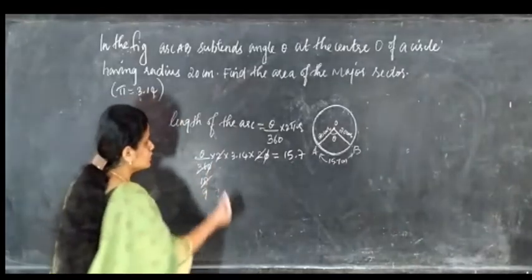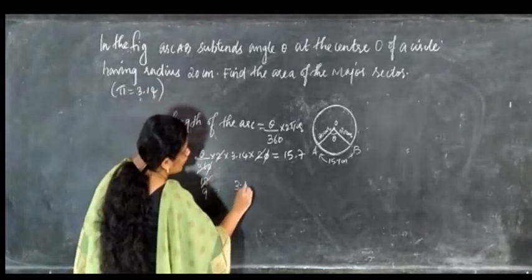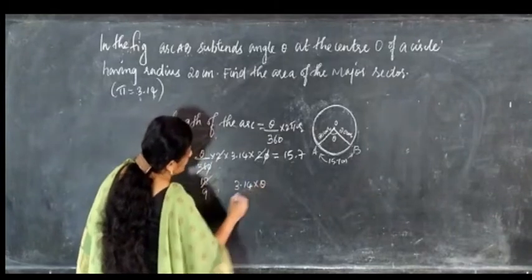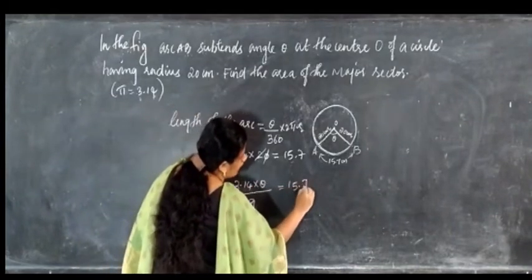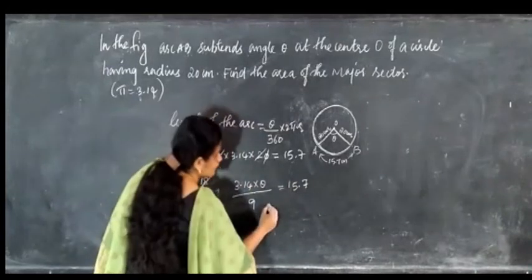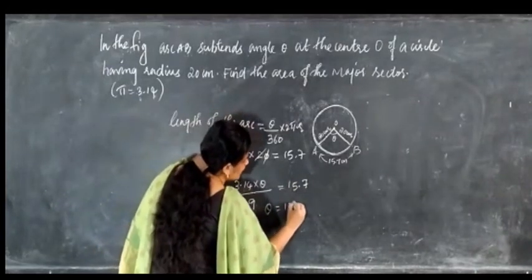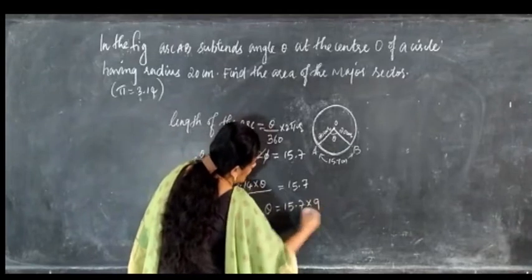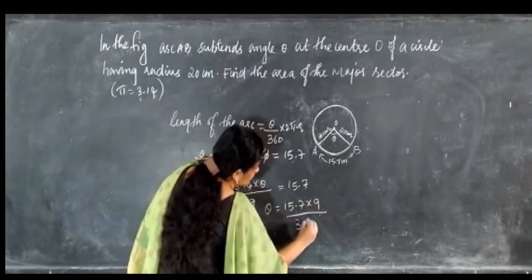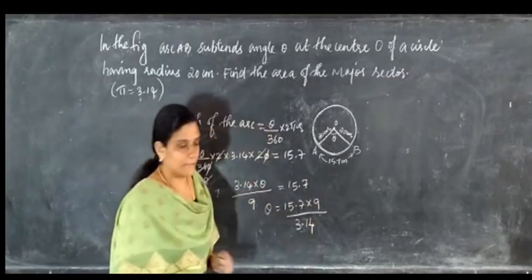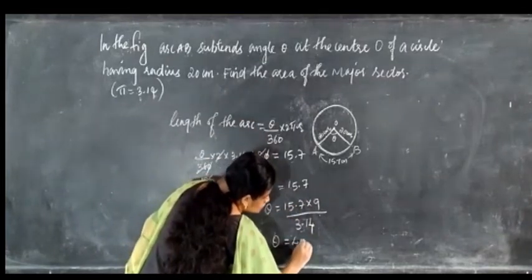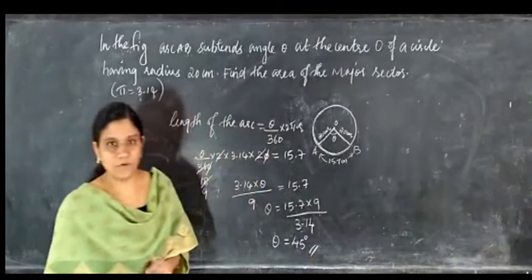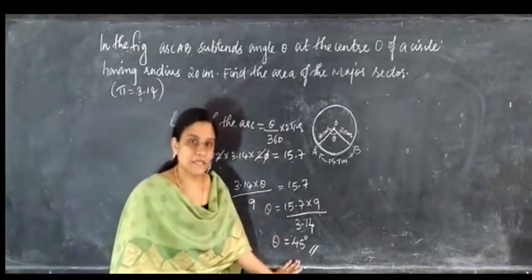So now what is remaining is 3.14 into theta by 9 is equal to 15.7. From here, theta is equal to 15.7 into 9 divided by 3.14. If you multiply and divide, you will get theta is equal to 45 degree. Now we got the value of theta.